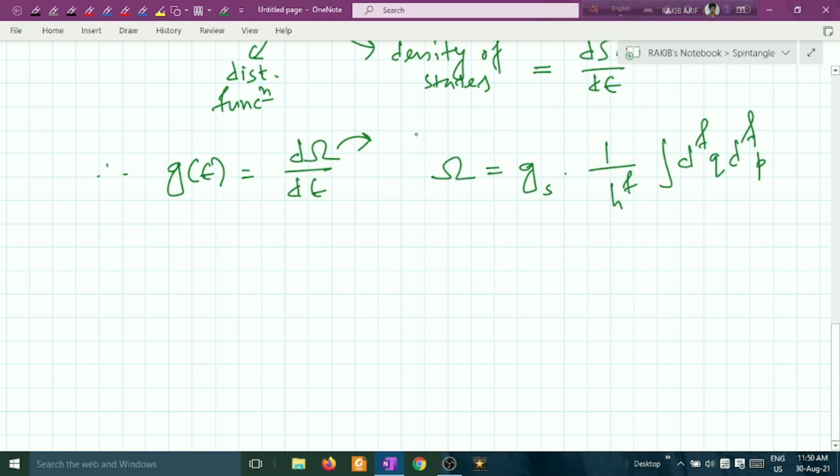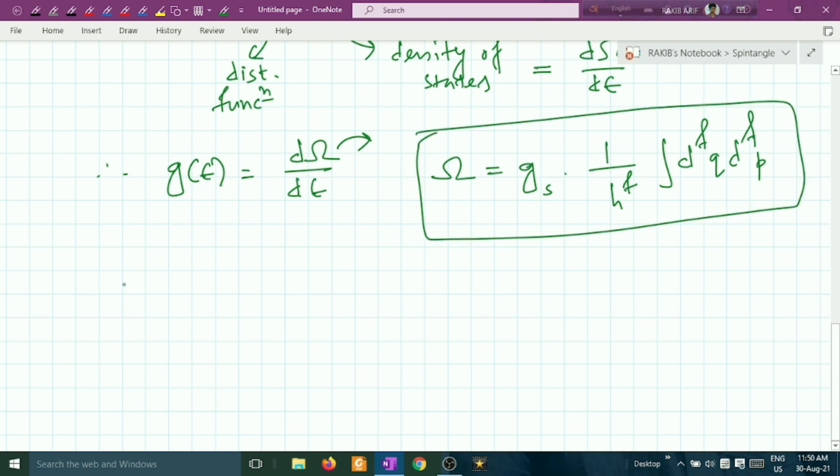We know this from our earlier concepts. Omega is equal to this.